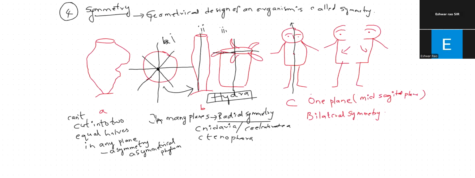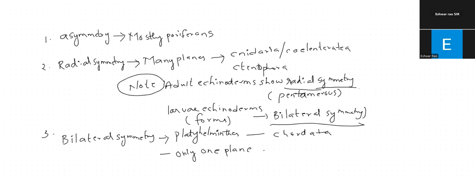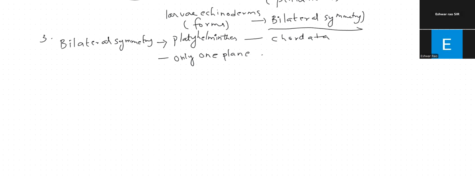Then, let us talk about the number of germ layers. The fifth characteristic feature we are talking about is the number of germ layers.